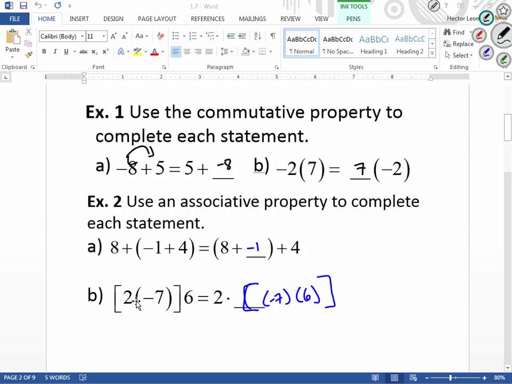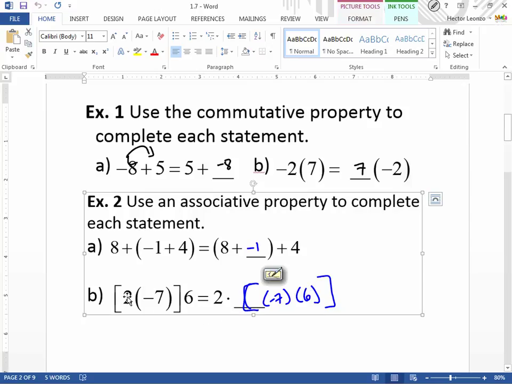Notice how on the left I was multiplying 2 times negative 7, and here I multiply negative 7 times 6. So the groups are different. That's what associative is. But notice how my order of the numbers is the same: 2, negative 7, 6.